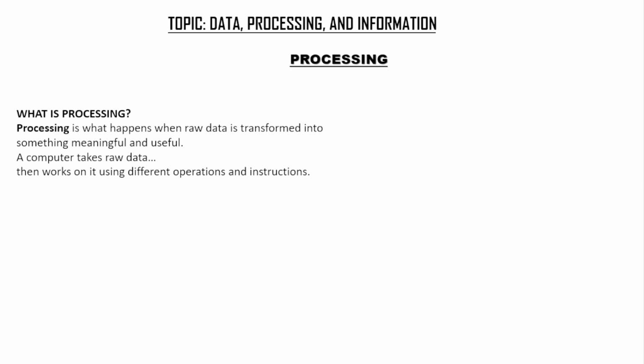You can think of processing as a computer working on the data. Processing is what happens when raw data is transformed into something meaningful and useful. A computer takes raw data and works on it using different operations and instructions. Computers perform many kinds of processing, but there are four major types you should know.